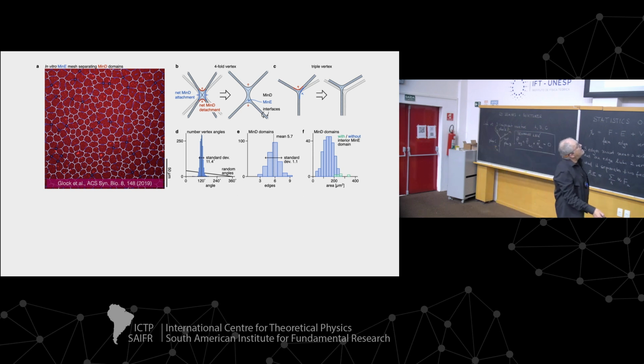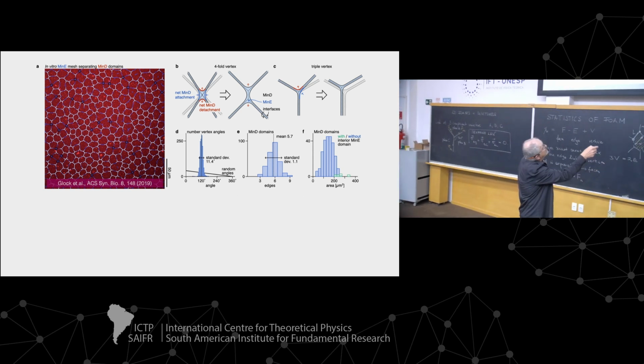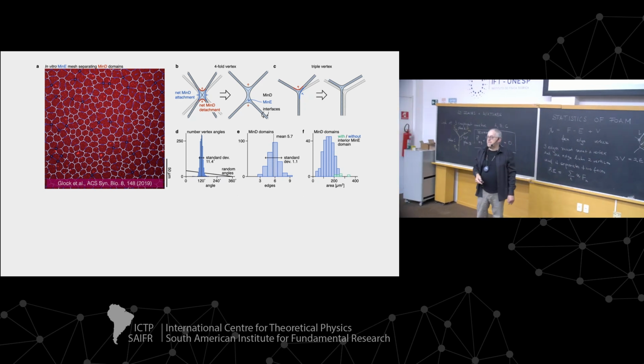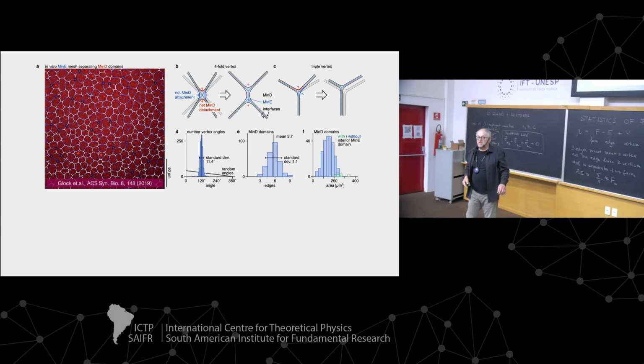So let's look here, not at the above picture, but at the statistics. When you analyze all these pictures and do the counting, you find that the angle, with a very small standard deviation of 11 degrees, is 120. And that's one of the Plateau laws, so tick.